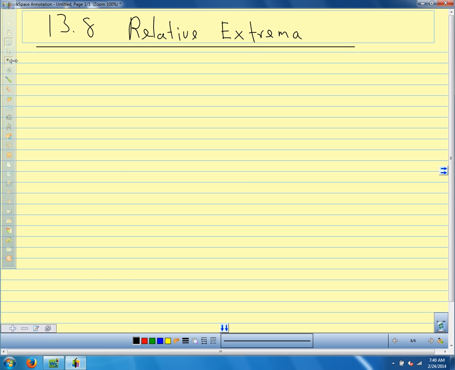So just to make it formal, let's talk about exactly what we mean by a relative maximum, relative minimum for a multivariable function. It's exactly how we think of it. I just want to make it formal. So we're going to define a local maximum, relative maximum.